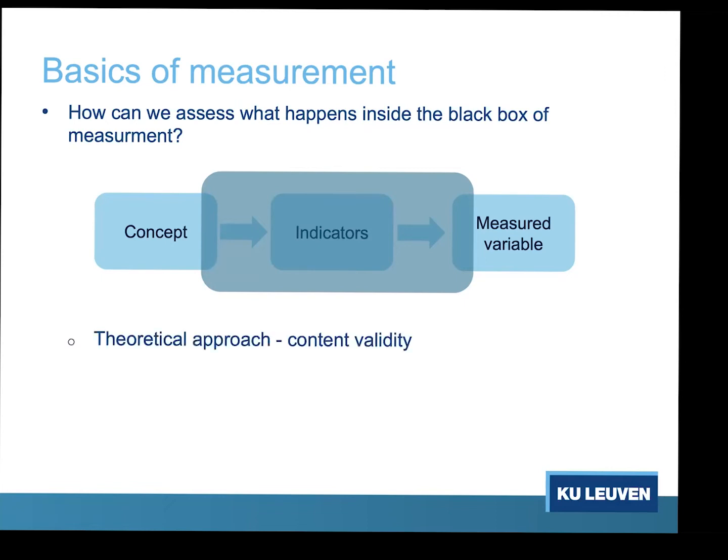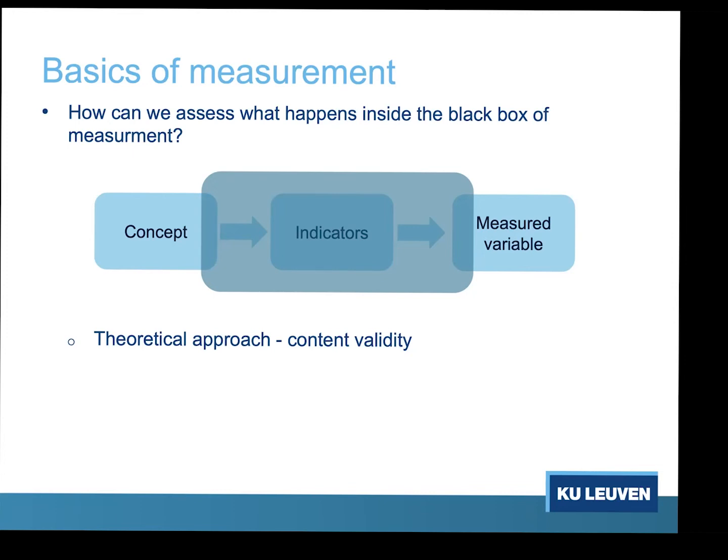One approach is a more theoretical approach, where we don't necessarily look at empirical results, but we make a theoretical exercise. We think carefully about the dimensions a particular concept should have, the proper indicators, and in this way we try to say something about how good measurement will be. This is more or less the logic of content validity, right?